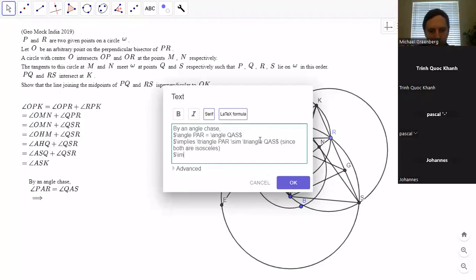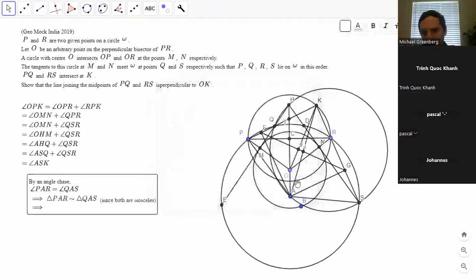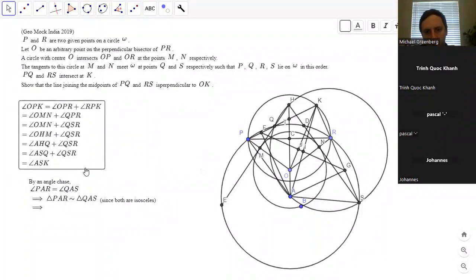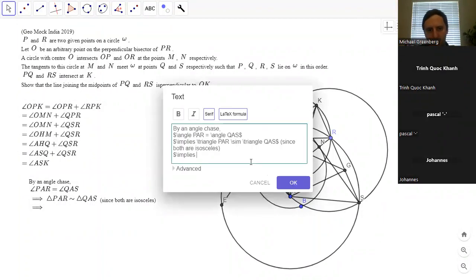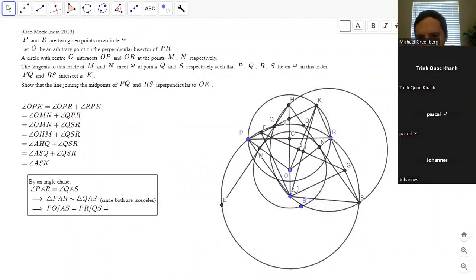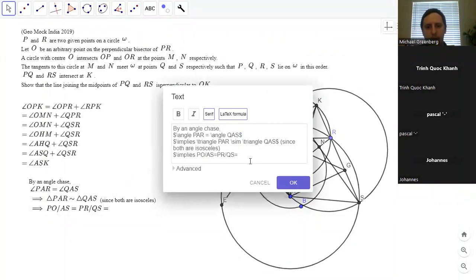And that means that PO over AS equals PR over QS. So PO over AS, PR over QS, which is KP over KS, since PQRS is cyclic.